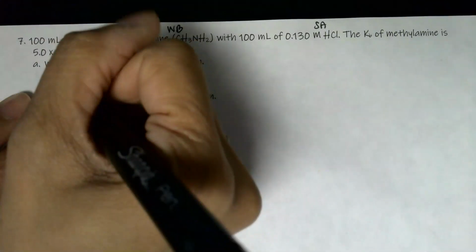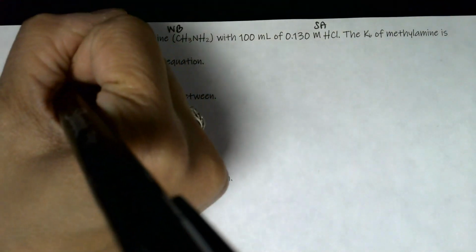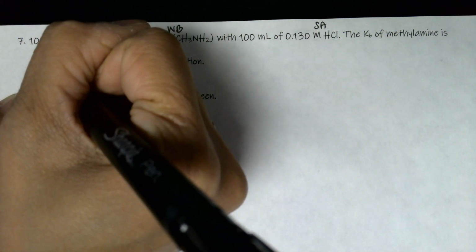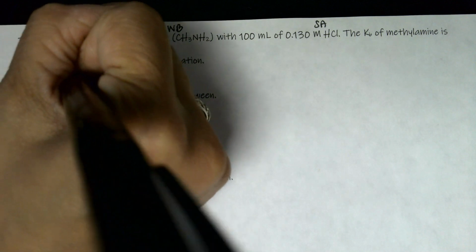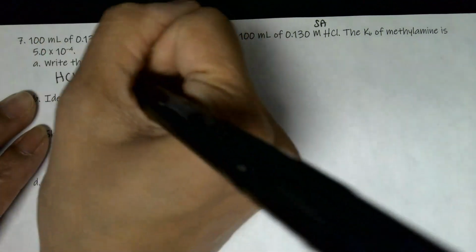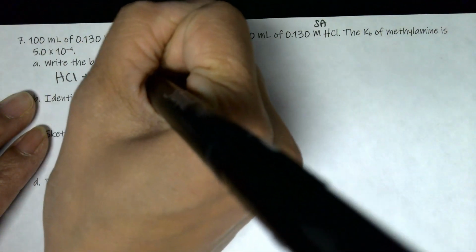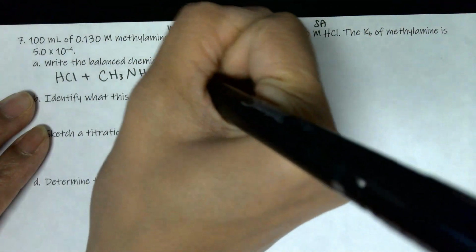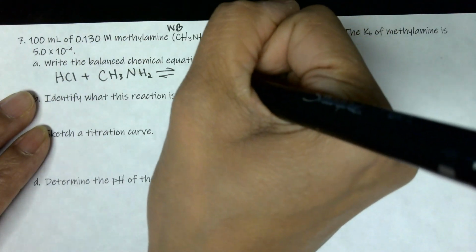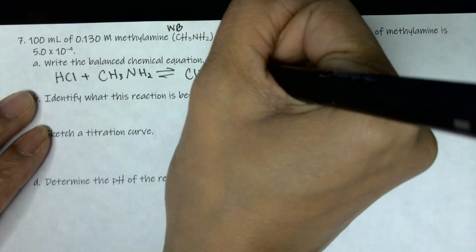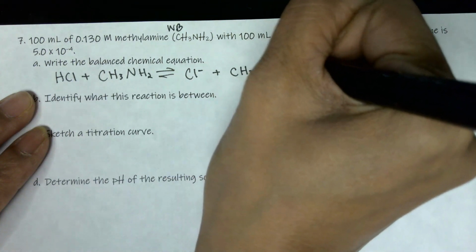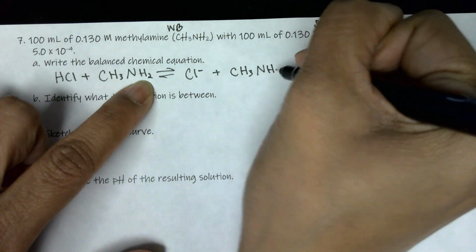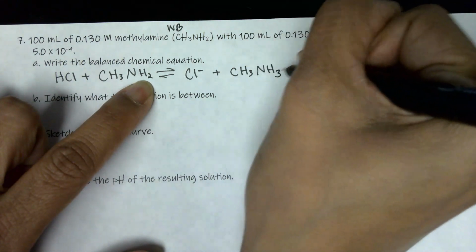So now we have your weak base and your strong acid. Your strong acid is HCl. Your weak base is CH3NH2. We're going to have some equilibrium in here. We're going to have Cl minus, and then your CH3NH3 plus.